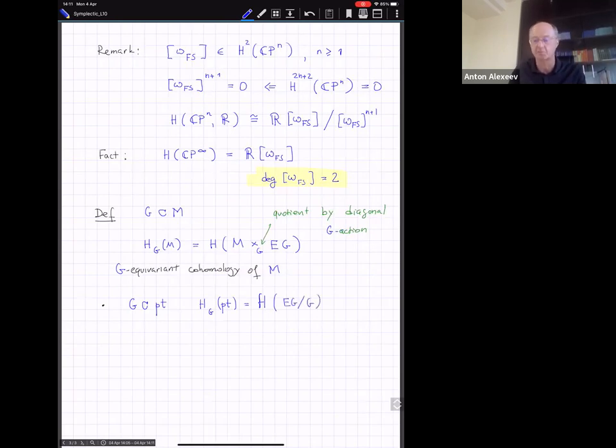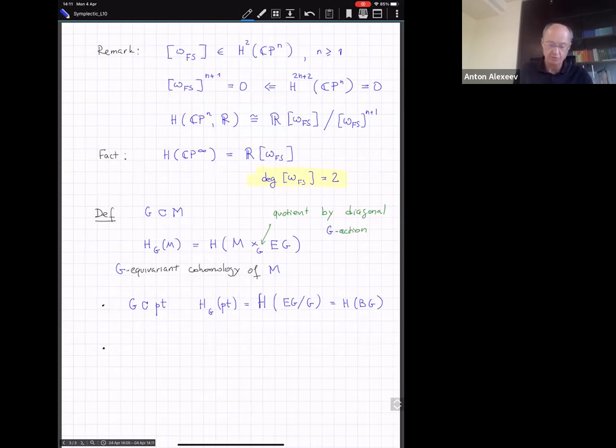Now there is no M, but EG mod G, that's BG. So this is the cohomology of BG. So that's one fact. In equivariant cohomology theories, cohomology of a point is a non-trivial thing. That's strange, unusual, and sometimes very useful. We'll see how useful it is.